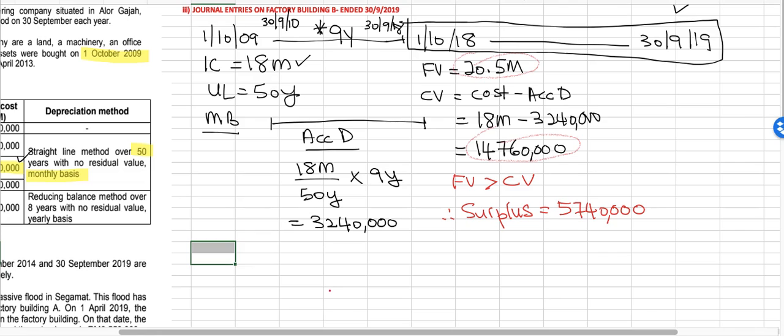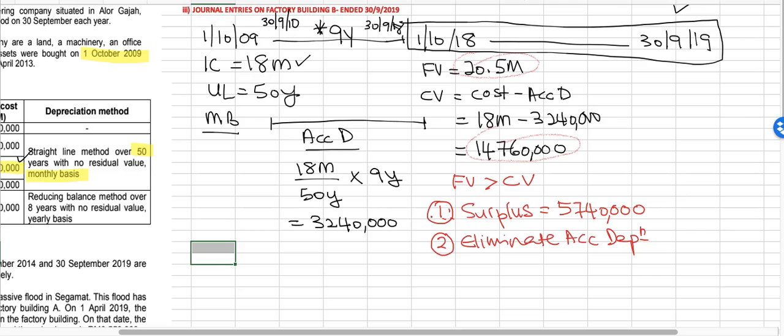Now, remember, whenever you revalue your asset, the first treatment will be either a surplus or a deficit. For this question, you got a surplus. And you must always have the second treatment, that is to eliminate accumulated depreciation.